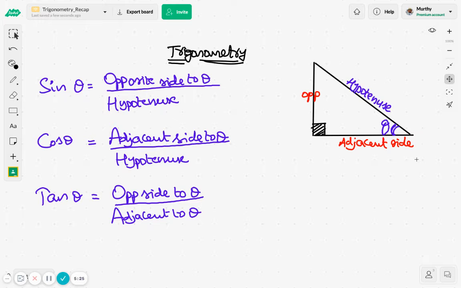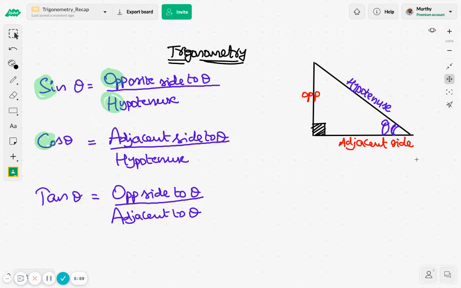How can you remember this: sine equals opposite over hypotenuse, cos equals adjacent over hypotenuse, and so on? We already discussed in the previous class that you take the first letter. In sine, the first letter is S. In the numerator, the first letter is O, the numerator being opposite side to theta, and the denominator is hypotenuse, the first letter is H. So we take the first letters of all these trigonometric ratios.